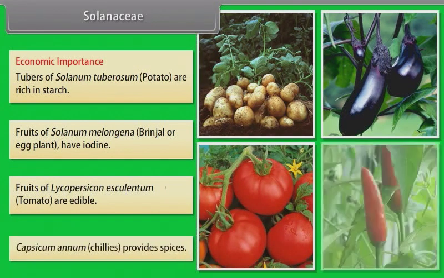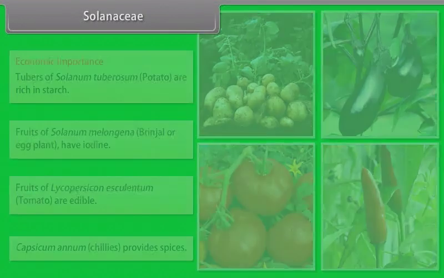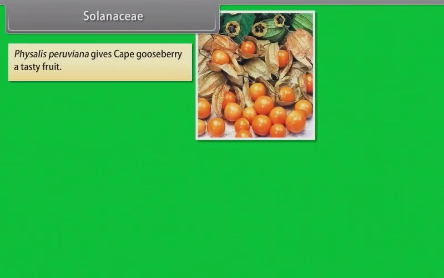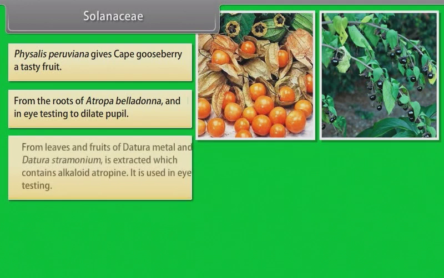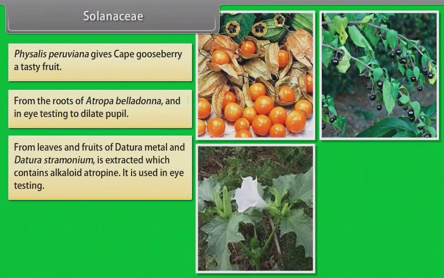Capsicum annuum, chilies, provide spices. Physalis peruviana gives Cape gooseberry, a tasty fruit. From the roots of Atropa belladonna, atropine is obtained, used in eye testing to dilate the pupil. From leaves and fruits of Datura metel and Datura stramonium, an extract is obtained which contains the alkaloid atropine.